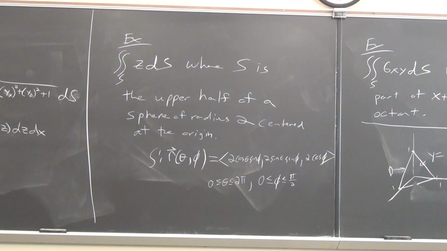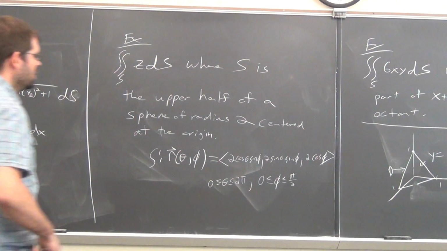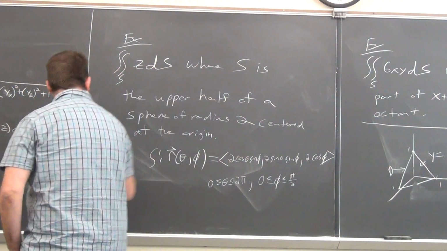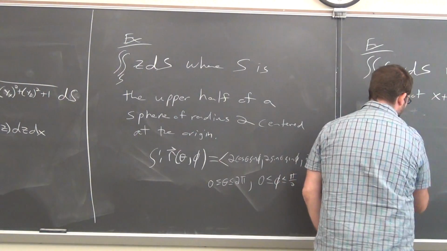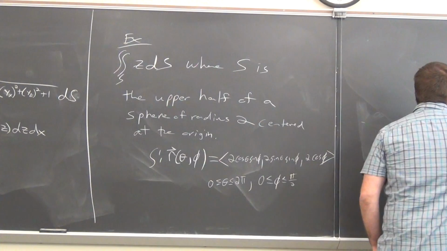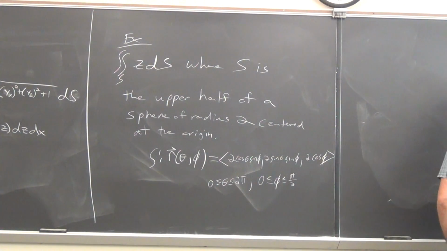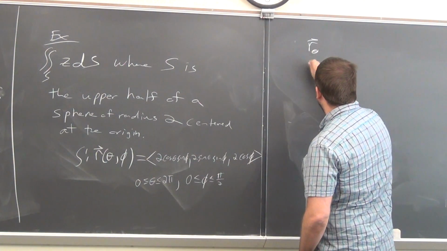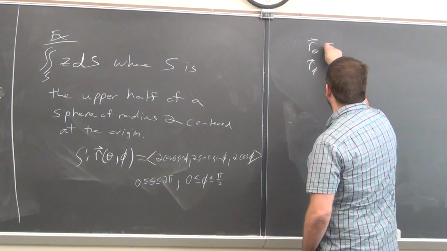All right. So let's just work through this together. We first need r sub theta and r sub phi, so what do we get for these?